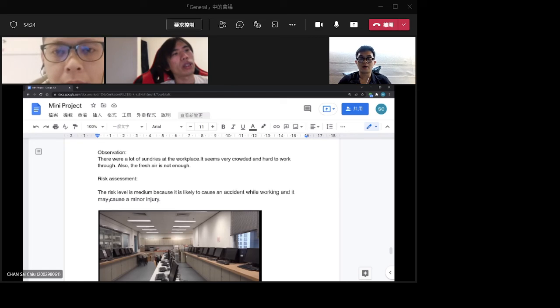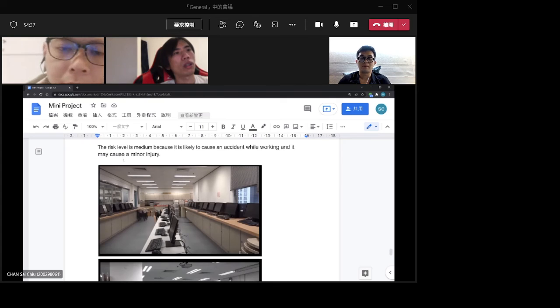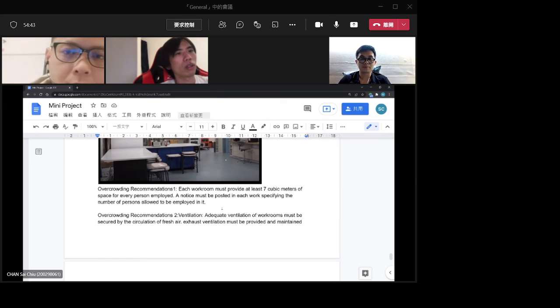Risk assessment. The risk level is medium because it is likely to cause an accident while working and it may cause a minor injury.